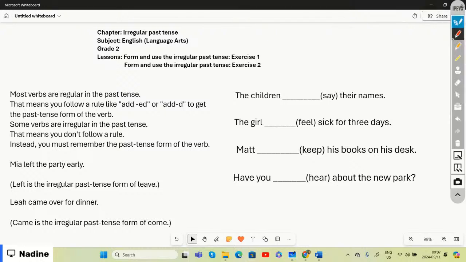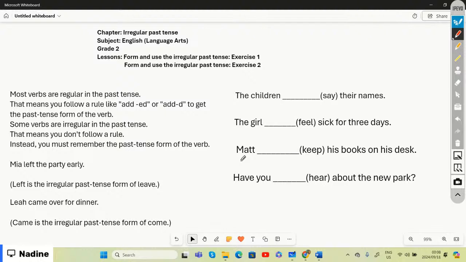Most of our verbs are regular in the past tense. When we say that it is regular, it means that they follow a specific rule. The rule is either to add ed or to add d to the verb to show the past tense form of the verb.